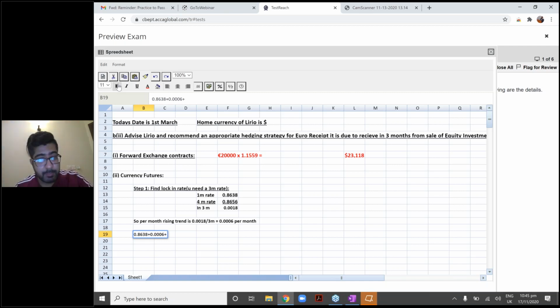And since it's increasing by 0.0006 per month, you need to add 0.0006 another time. You start from the 1-month rate and it's rising by 0.0006 per month. So add 0.0006, made it 2 months. Add one more time, 3 months. So the 3-month lock-in rate would be 0.865.